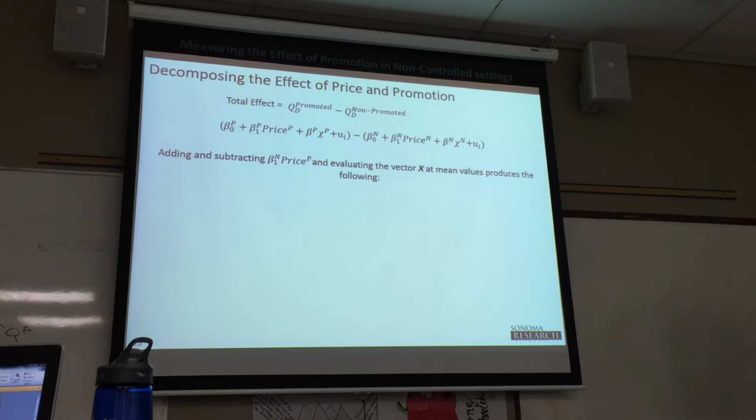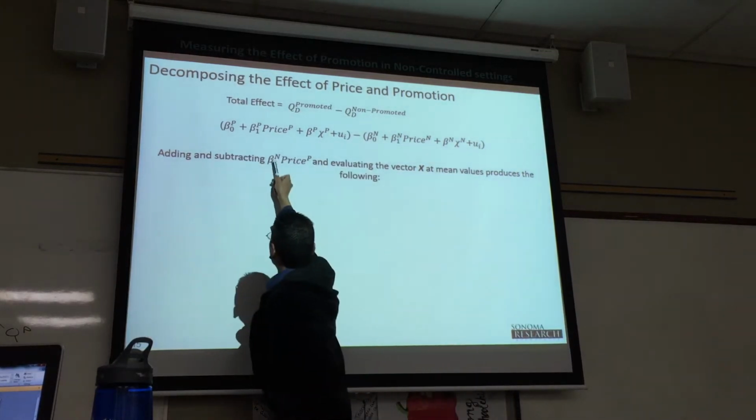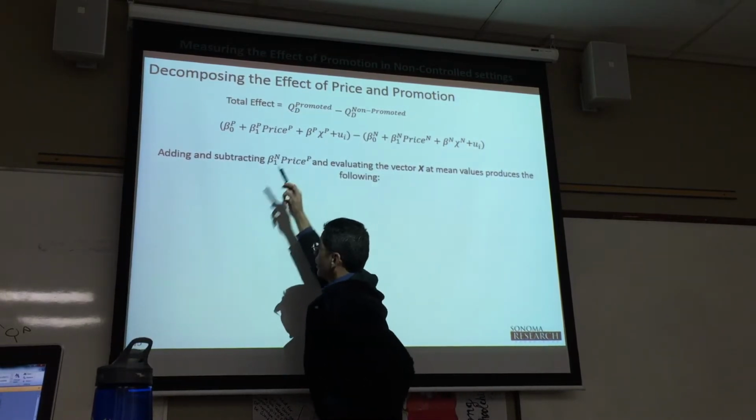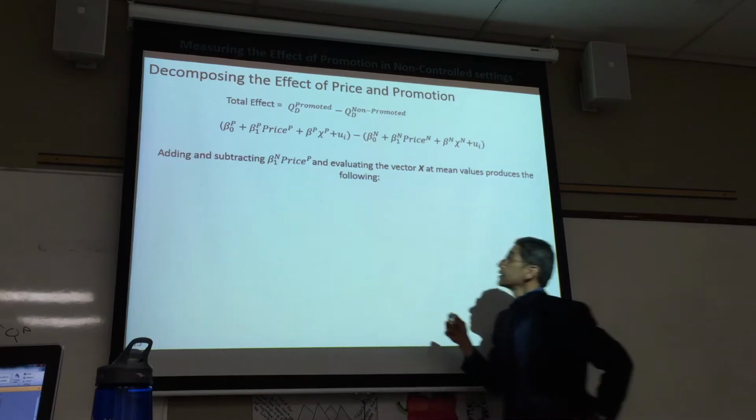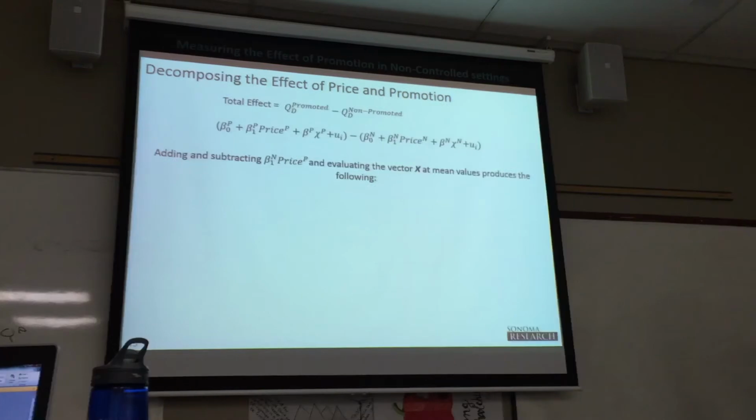So, what do I do? I add in a coefficient from non-promoted demand evaluated at the promoted price, and I add in and subtract it so that in the end, it just disappears.